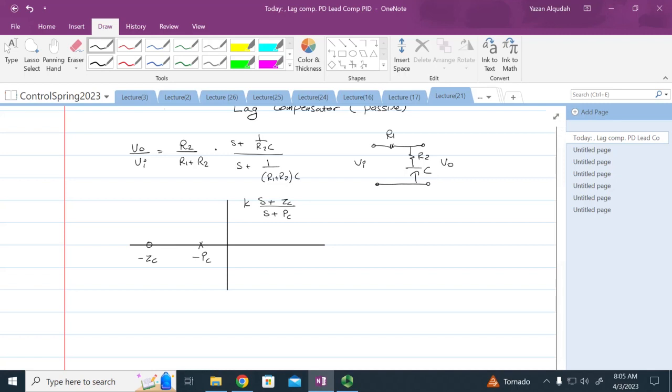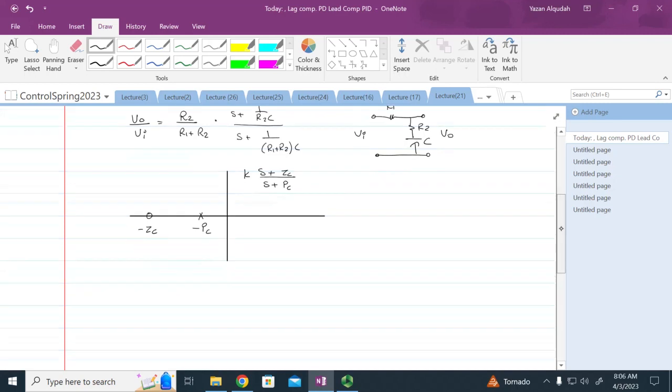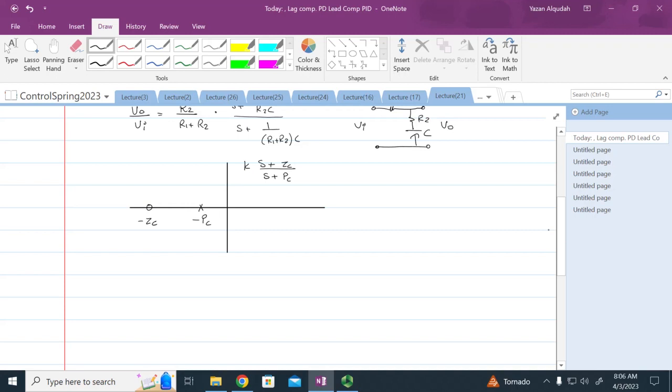In the case of the PI controller, we chose this pole to be at the origin, and then we have a zero. In the case of the lag compensator, we can no longer put this at the origin. Therefore, we try to put it as close to the j omega axis as possible.